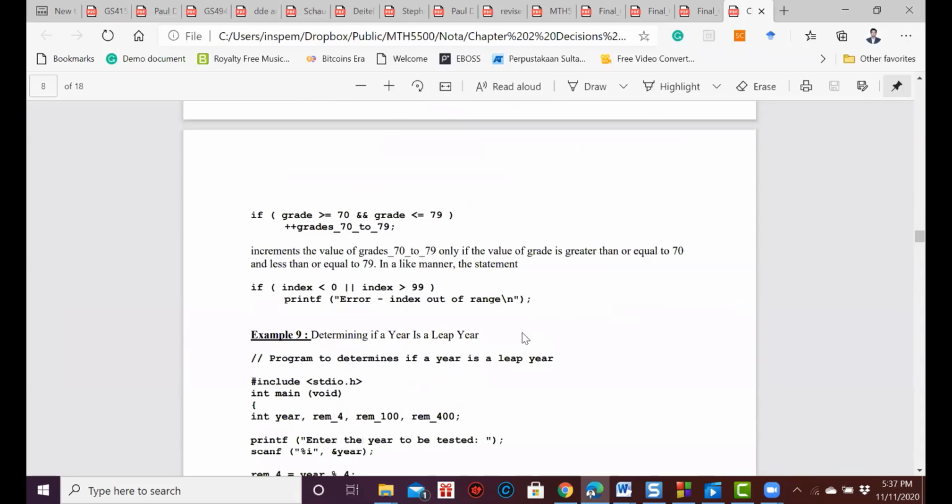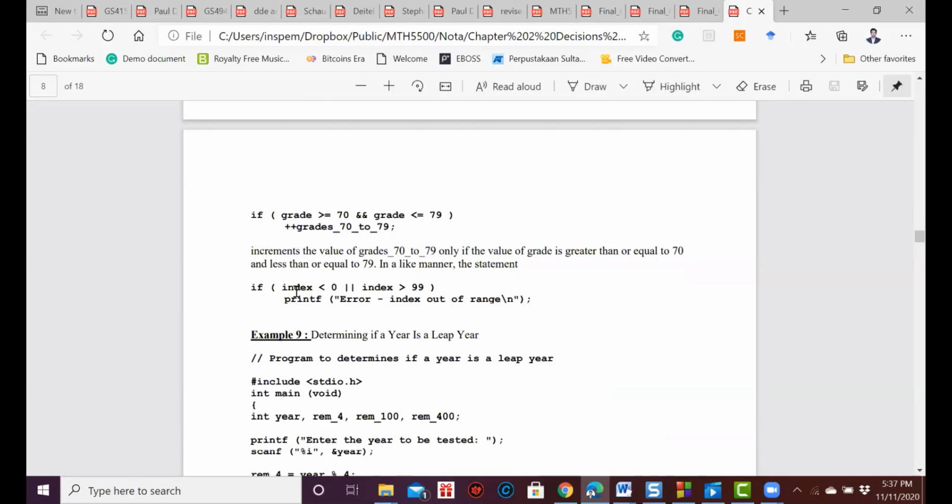So we look at the example here. This one is the condition of the compound conditions: grade greater than 70 and grade less than 79, then plus grade. This one is the variable actually, so it counts the grade values between these.